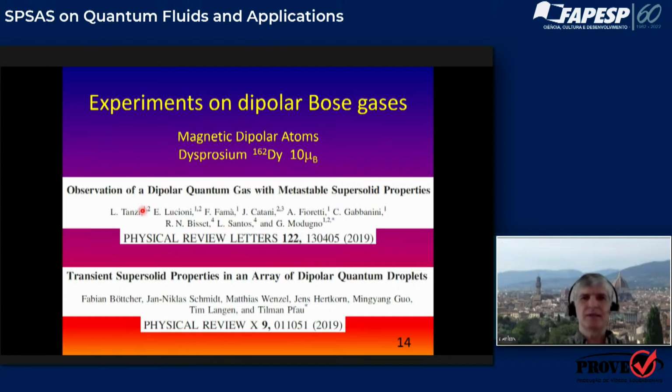They're cited here as the group of Giovanni Modugno in Italy and Tilman Pfau in Germany. They observed transient supersolid properties in those systems, which they also call metastable and transient, because the supersolid that they observed lasts about 20 to 30 milliseconds.